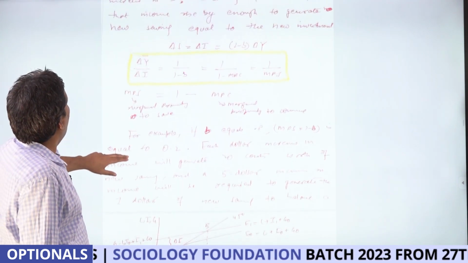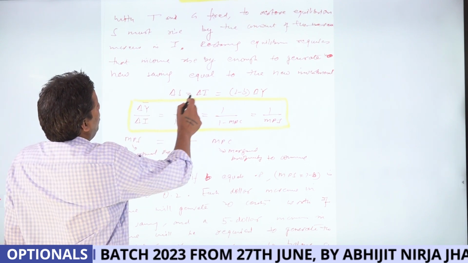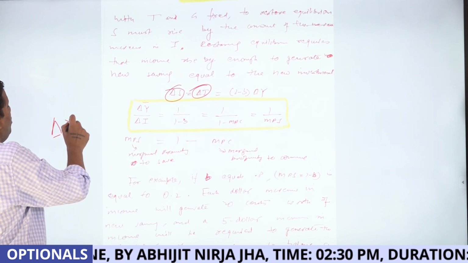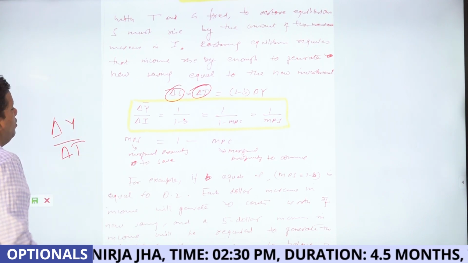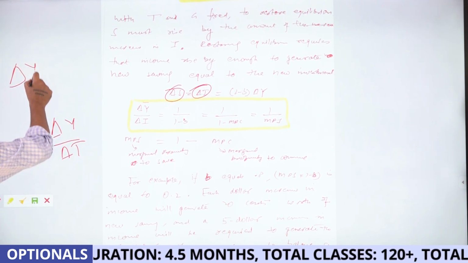Okay, here we have seen the role of saving and investment, but how is your delta Y related with taxes? Not today, but tomorrow we will see it again.